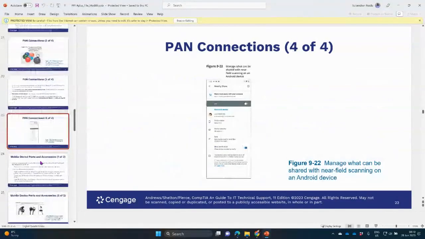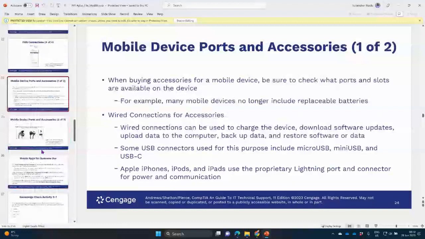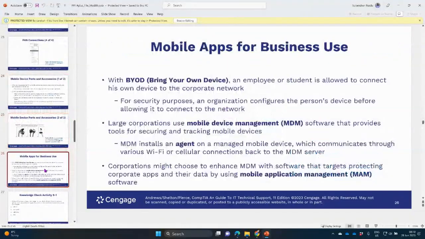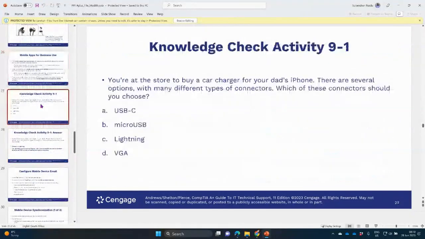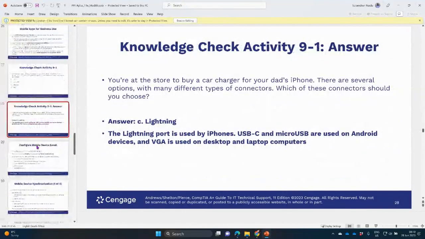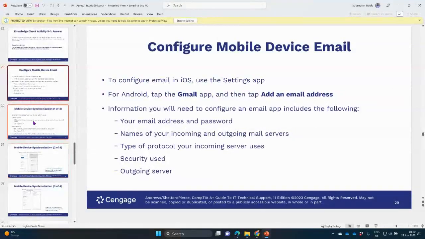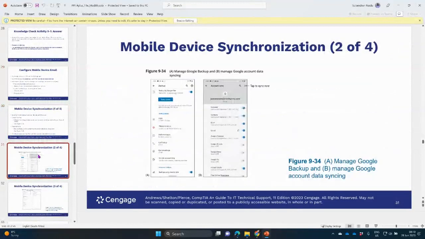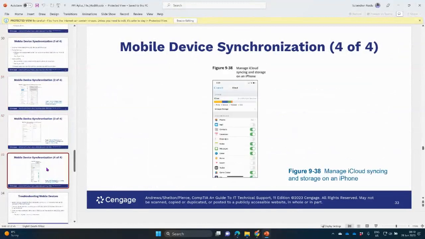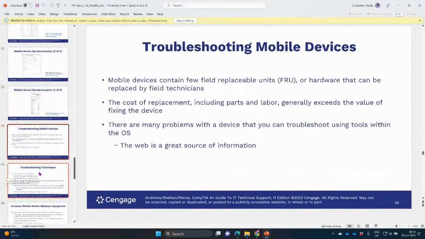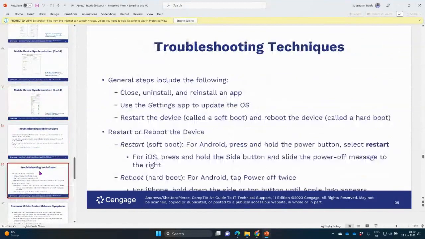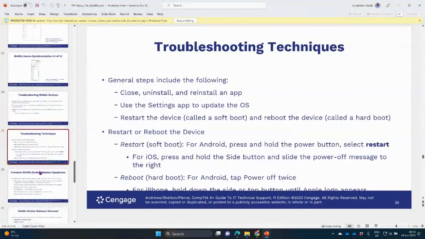And then I continue and I just page through and I have a look at the accessories, the connectors, the apps, some more information, email, Gmail, how to set up my Gmail, how to synchronize, what options are available, how to troubleshoot, what are the different steps that I can take.